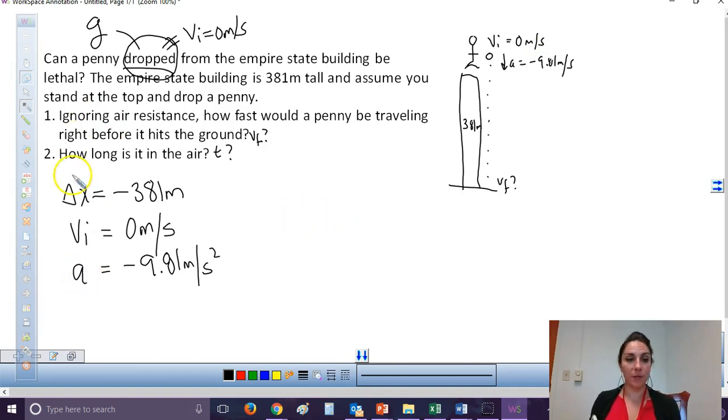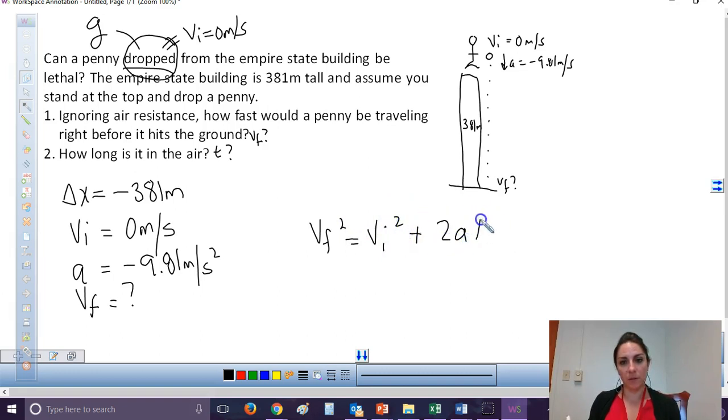Okay, the first question is asking how fast, right? So the best equation, kinematic-wise, is this one. Now I'm going to change this to delta y because technically this is a vertical measure, right? I know I actually labeled this as delta x, so I'm going to just be consistent here.